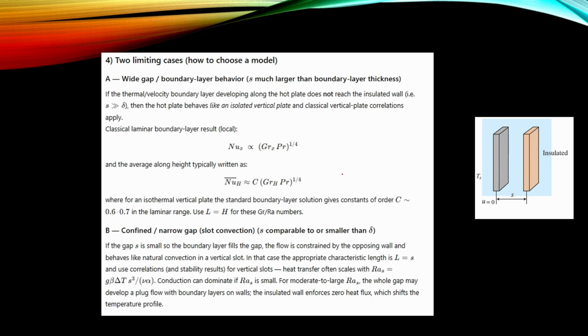But the other case is that if this gap is so small that our boundary layer will fill this gap totally, then we use characteristic length S, which is the distance between these plates.